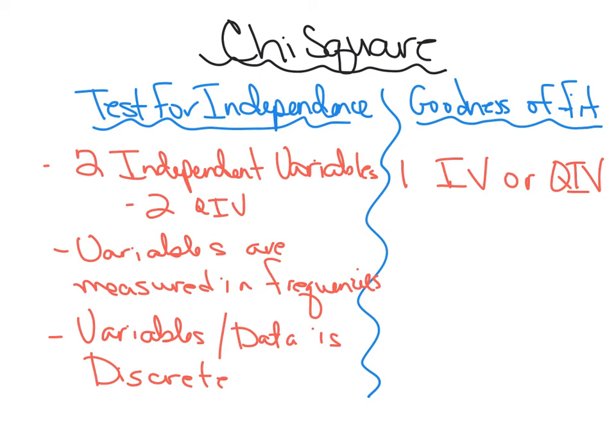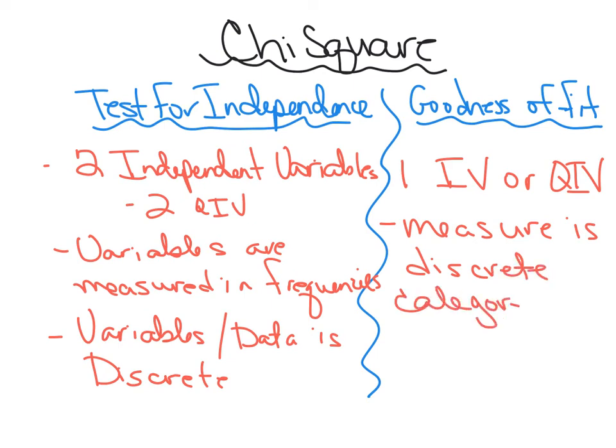Or maybe I'm looking at animal preference. So how many of my students prefer dogs over cats or over birds? And see if there's a difference in the frequency or proportion. So again, that second aspect, the measure is discrete categories, looking at frequencies.